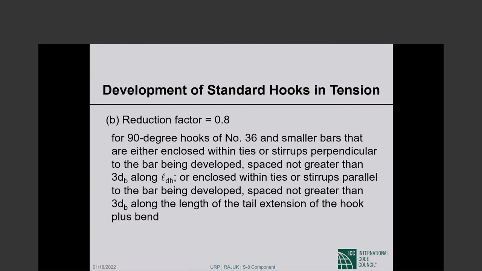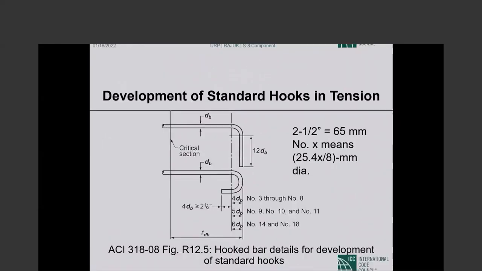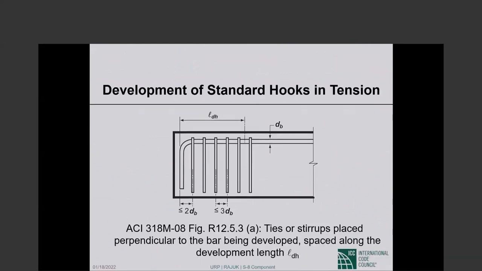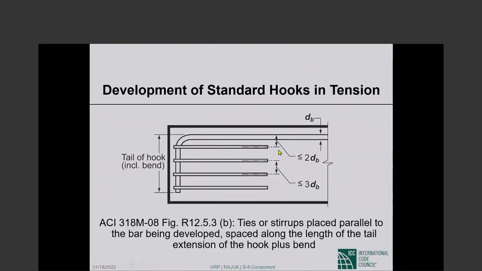So what we are saying is a 90-degree hook that has confinement reinforcement like this perpendicular to the bar being developed, and the spacing no more than 3 bar diameters, or you have confinement reinforcement like this, parallel to the bar being developed, perpendicular to the hook, and the spacing here is also no more than 3 bar diameters.